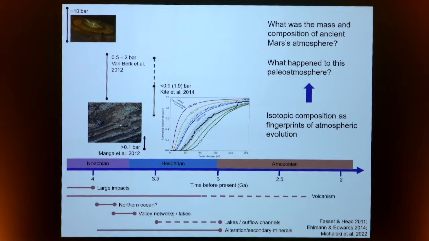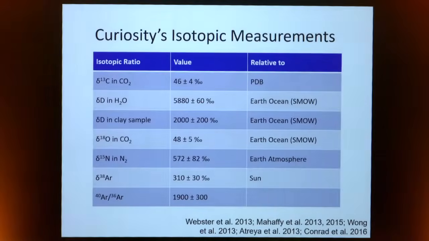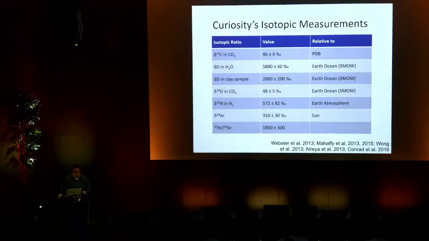I think these two questions can be approached by bringing together isotopic compositions as the fingerprints of the atmospheric evolution. So we now have these very precise measurements made by Curiosity. I made a compilation of those data here. And those measurements cover hydrogen, carbon, nitrogen, and argon.